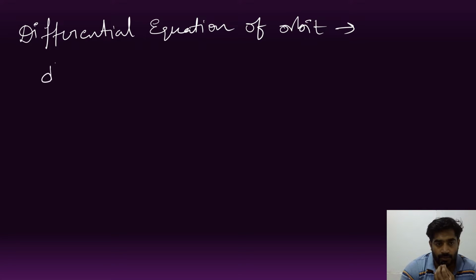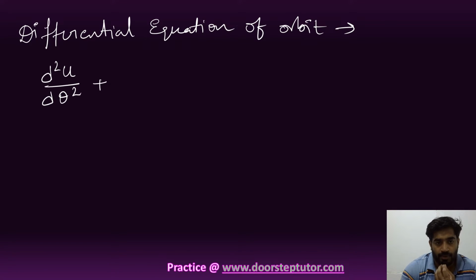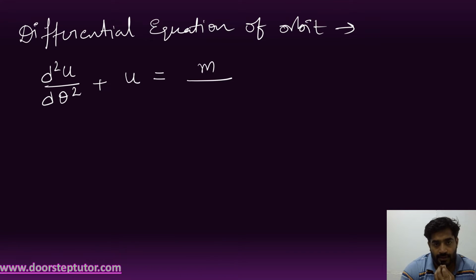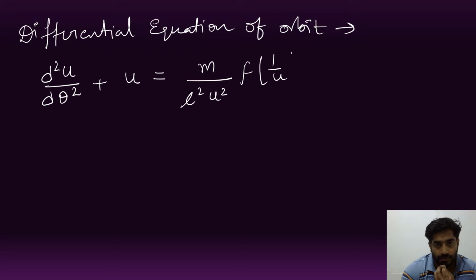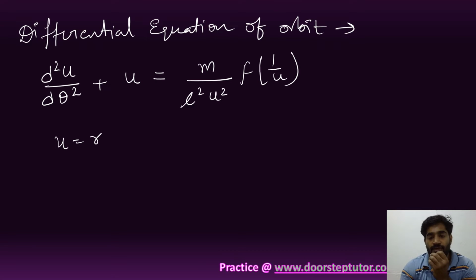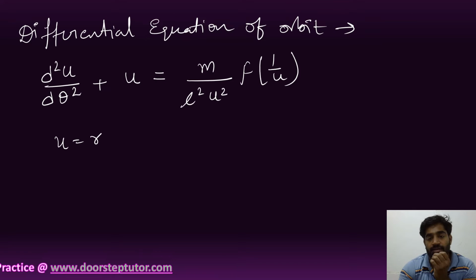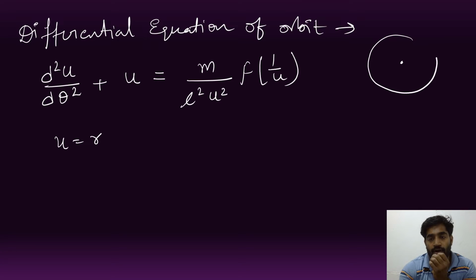It is d2u over d theta square plus u equals m upon l square u square f of 1 by u, where r is the distance between the fixed point and the point passing through that orbit.